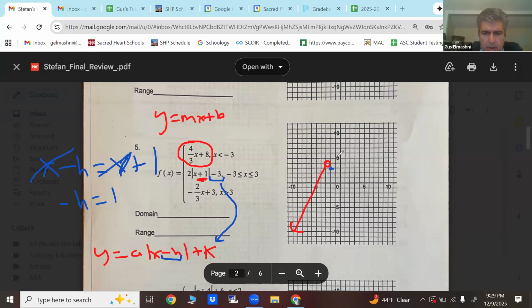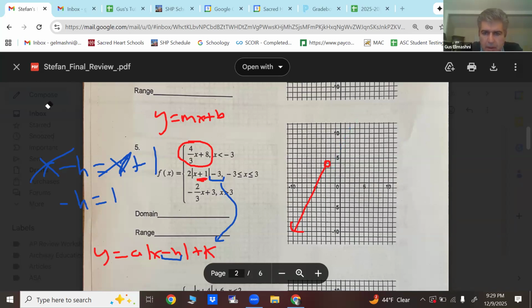So up 2, right 1, up 2, right 1, up 2, right 1. I messed this one up.